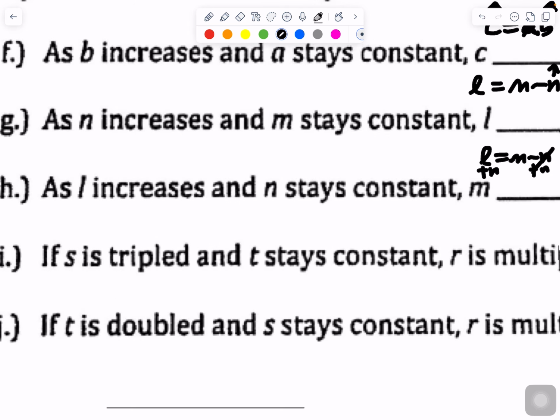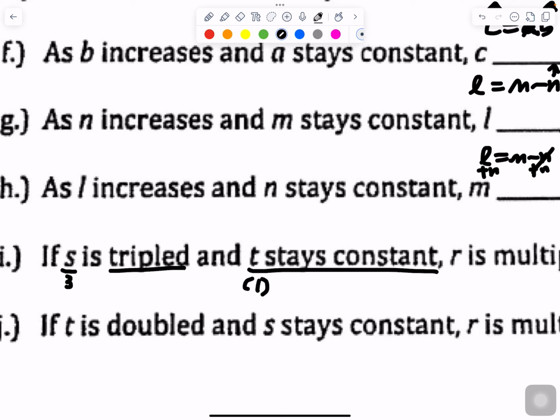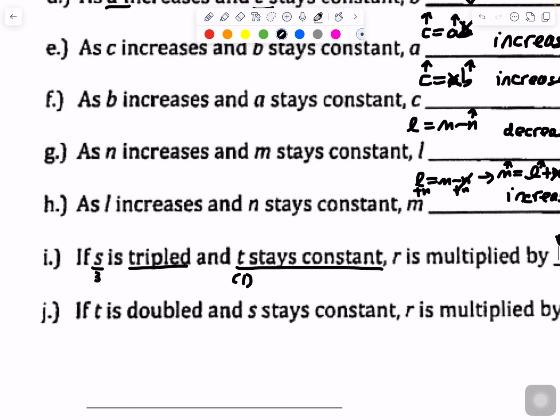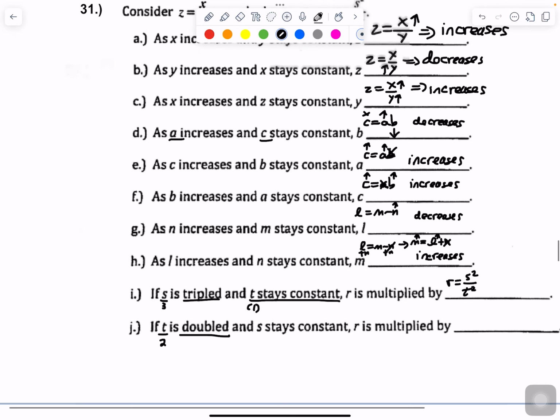We can do that by replacing a variable that is tripled with the number 3. If a variable stays constant, we can replace it with the number 1, because when you multiply by 1, you don't change anything. If something was doubled, like t is doubled, we replace t with the number 2.